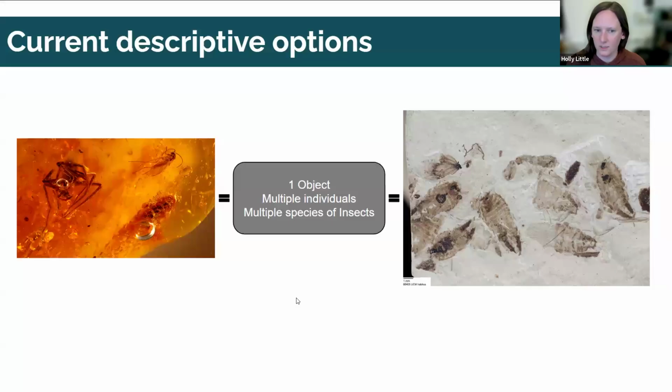You would not know that one is a piece of amber and one is a slab. And you can imagine how, going back to the use cases, that might impact digitization workflows, organizational workflows, research needs, etc.